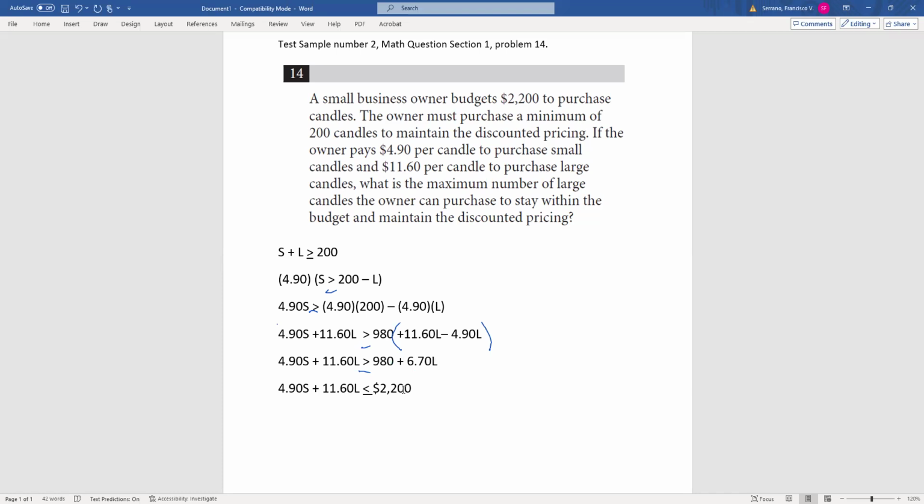Now let's do this. If we were to write the 980 plus 6.70 L, and look at which side is greater, the S and the L together over here are greater than the 980 and the 6.70 L. So if I were to type the 980 first, let's remember that the S and the L are still greater.